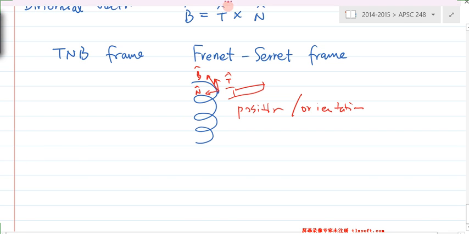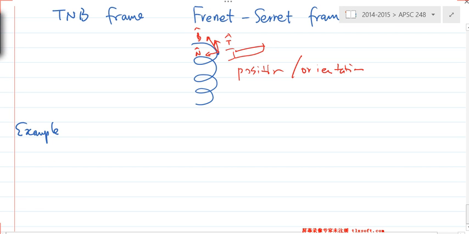In the past, I have seen this example become a puzzle for lots of students. Puzzle meaning it's actually not difficult, but you just can't get the result. Here is a vector function, or position vector, and I want you to obtain the T hat and N hat.